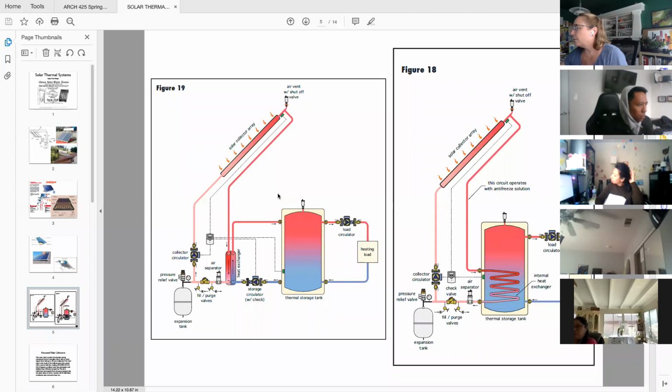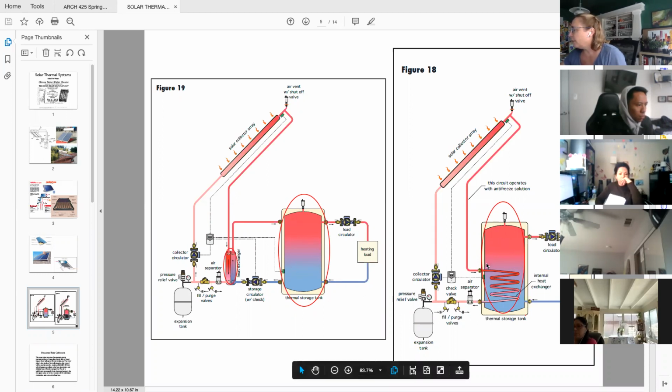So we have a tank here or a tank here. The difference is where the heat exchanger is occurring. This one is external to the tank, and this one is an internal heat exchanger.